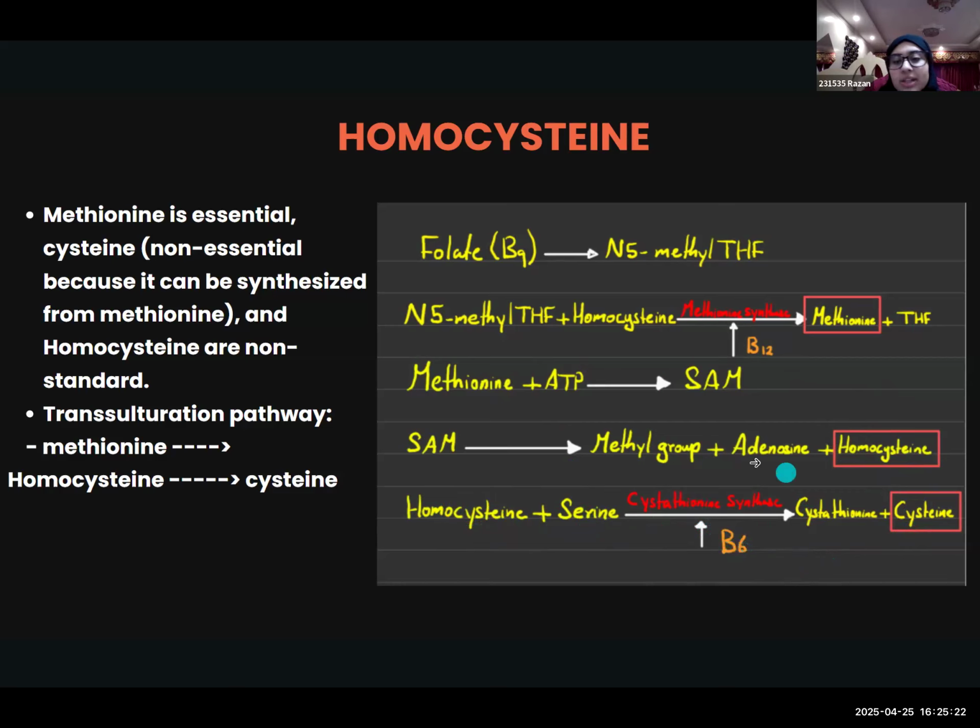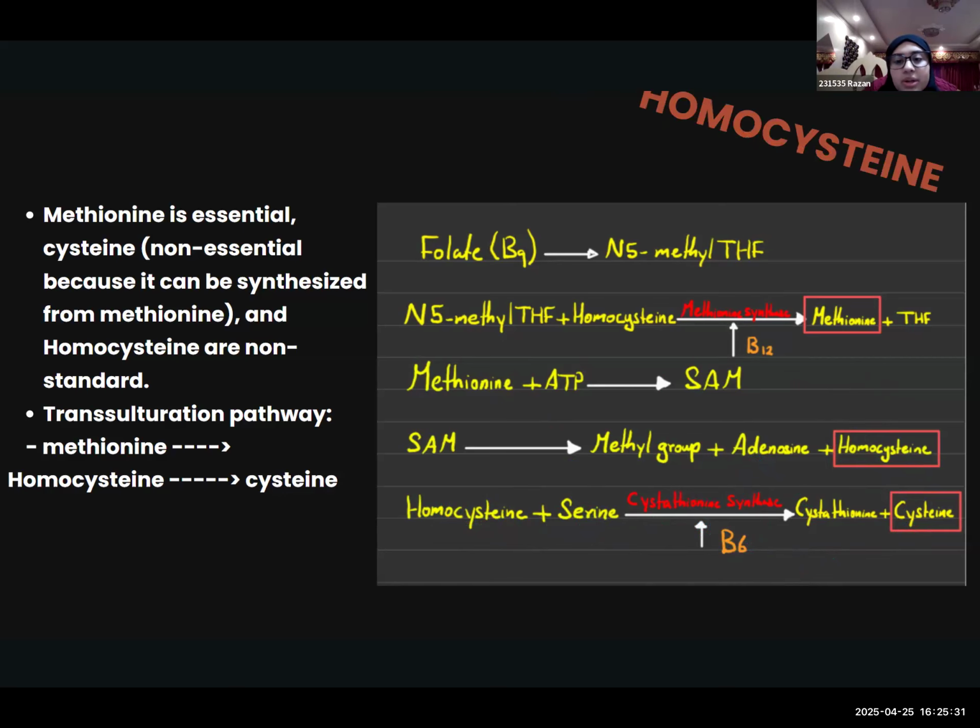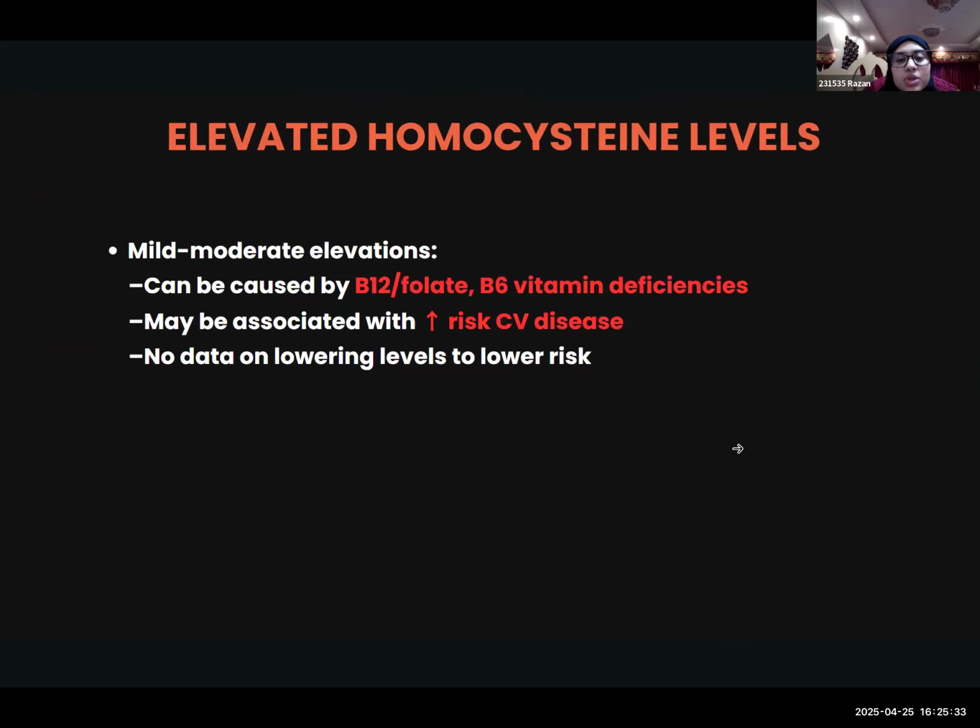Just a fun fact: if the enzyme ends in synthase, that means it doesn't need ATP, but if it ends in synthetase, that means we require ATP. Here, if you have elevated levels of homocysteine, it could be due to folate, B12, or B6 deficiency.